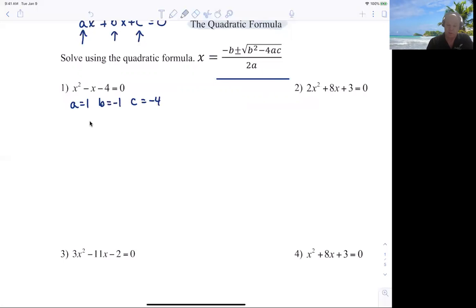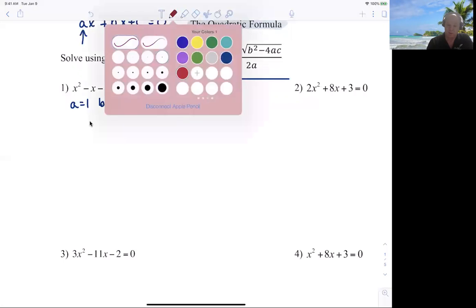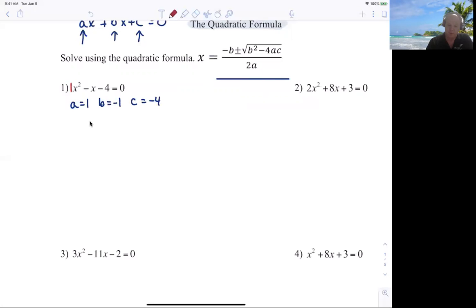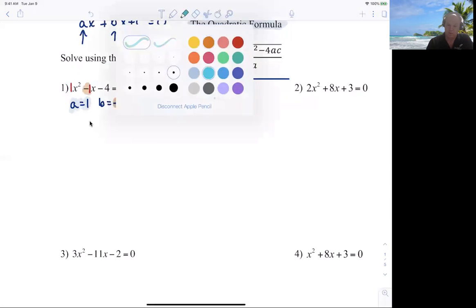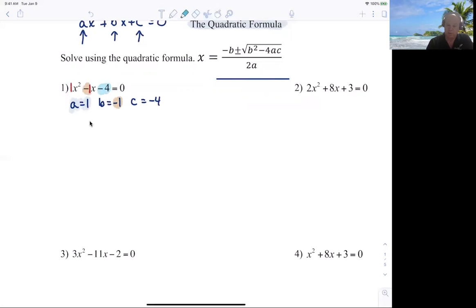Now, how do we get that? Again, just to demonstrate, the number in front of the x squared term is a, then there is a -1x, which we would say is the b value, and then we would say that c is -4.